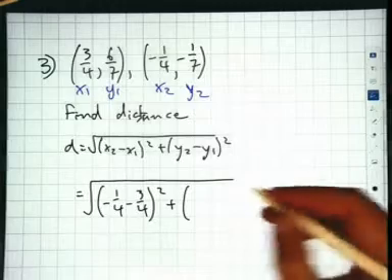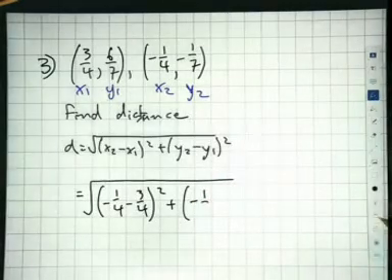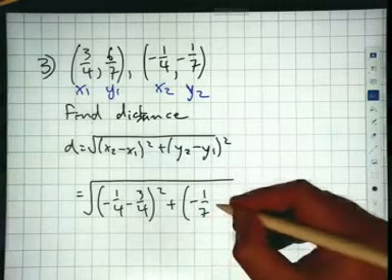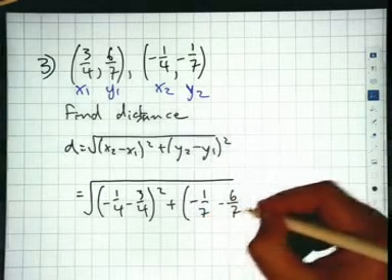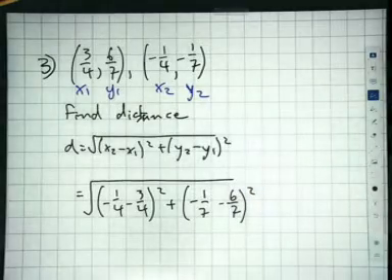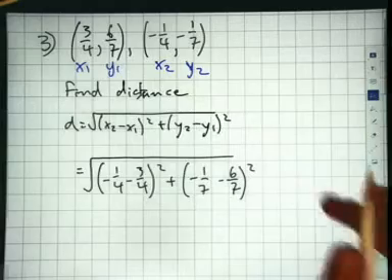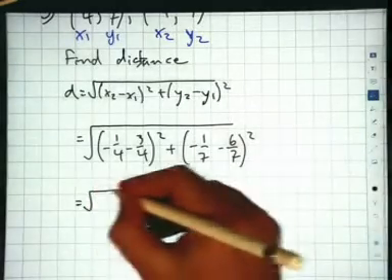Plus, and look, we end up with the same situation when we're dealing with our y's. Negative 1/7 minus 6/7. Same denominator. So we don't have to do a whole lot of work here to combine these together. So let's keep going.